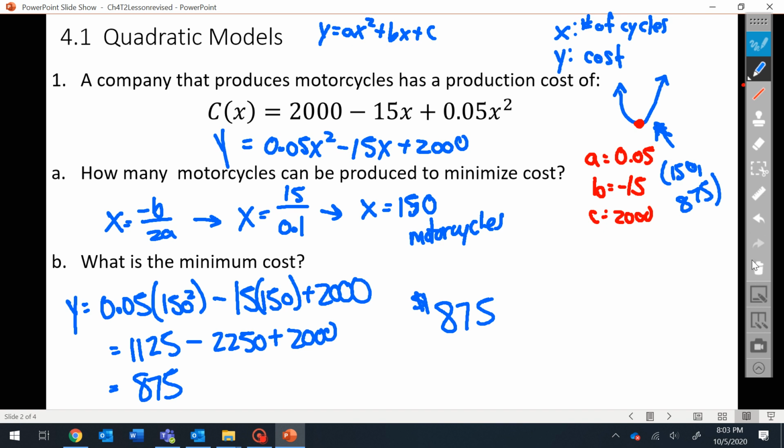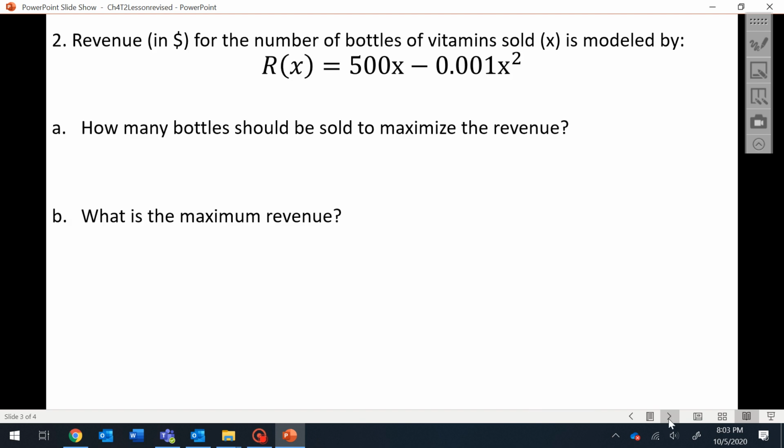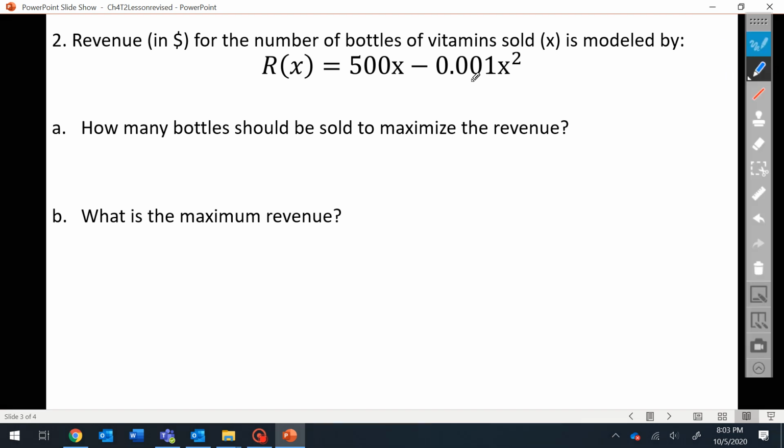All right. Most of these problems are just about finding the vertex here. So number 2, the revenue, so how much money they bring in, is modeled for the number of bottles of vitamins sold. x is modeled by y is equal to 500x minus 0.001x squared.